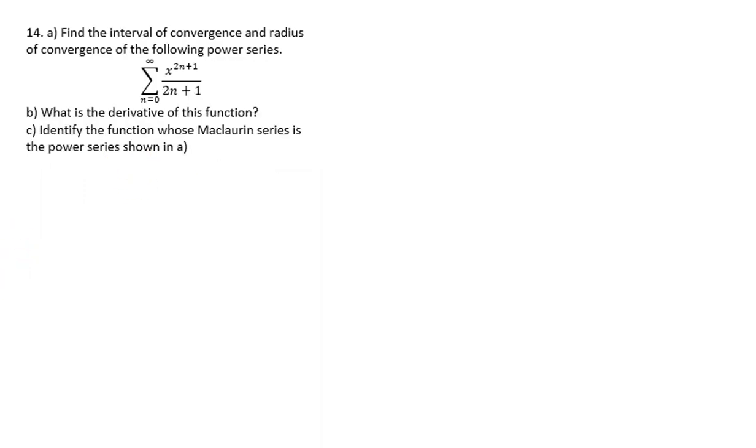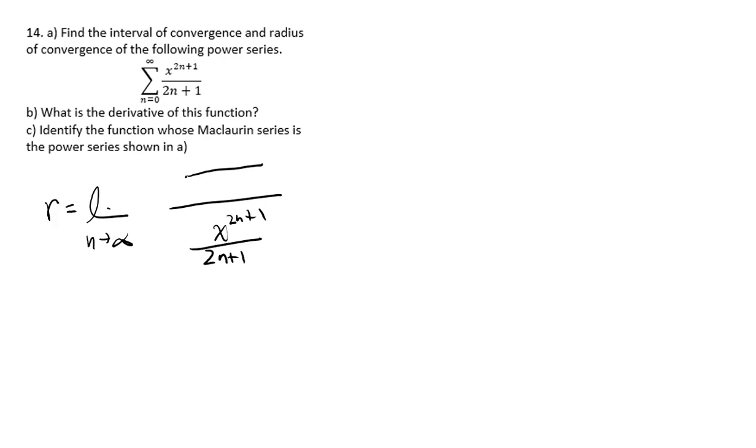Okay, number 14. Find the interval of convergence and radius of convergence of the following power series. Okay, so let's try that first. How do you do interval of convergence? Basically, what you do is you do the ratio test, right? Limit n going to infinity. You just copy whatever is there down here, and on top you put 2n plus 3 because n is replaced by n plus 1, and on top you have x to the 2n plus 3.